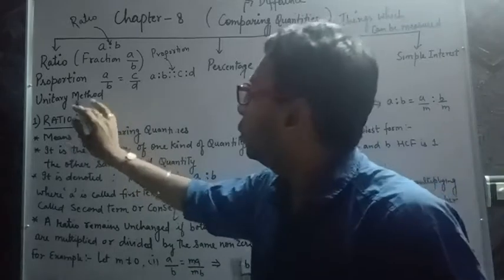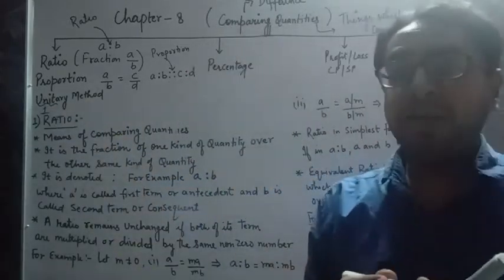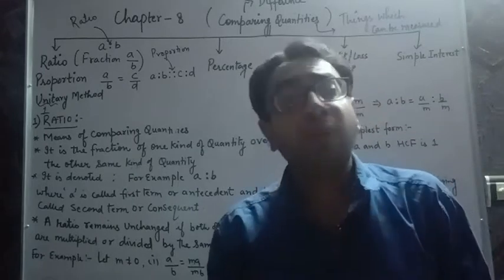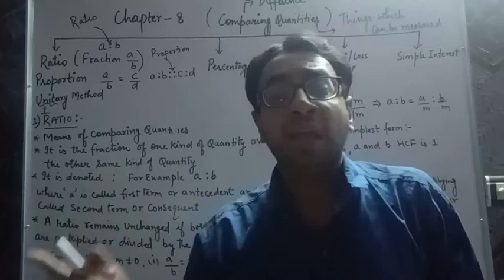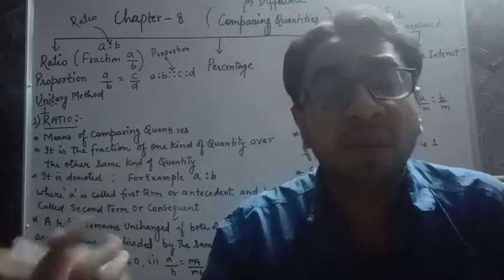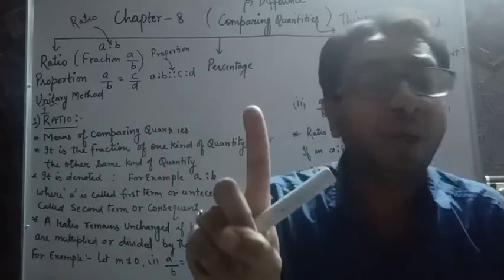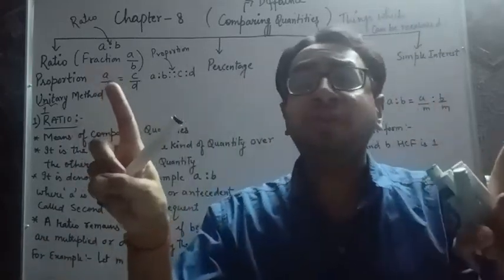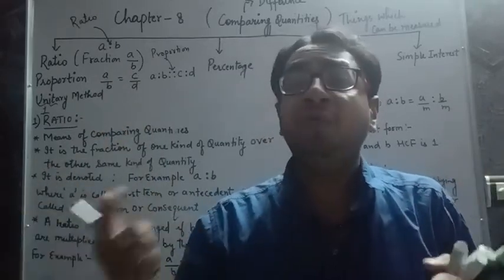Okay. Unitary method. What do you mean by unit? Unit means one. For example, I have purchased 6 pens from the market and the cost of those 6 pens is rupees 30. And if somebody asks me, what will be the cost if I purchase 10 pens? So what I have to do, in that case, first of all, I will find the cost of 1 pen. 30 rupees for 6 pens, it means 1 pen for 5 rupees. What will be the cost of 10 pens? 10 into 5, 50.